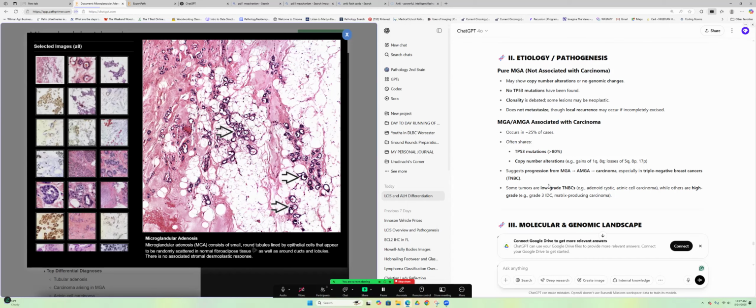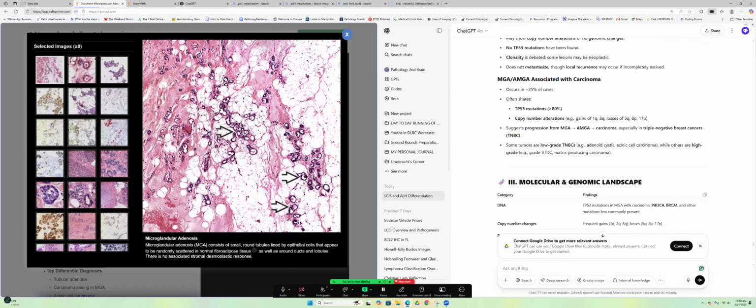And there are some tumors that arise from these triple negative cancers: adenoid cystic carcinoma of the breast, acinic cell carcinoma, and I think medullary carcinoma too. Usually grade 3 invasive ductal carcinomas.